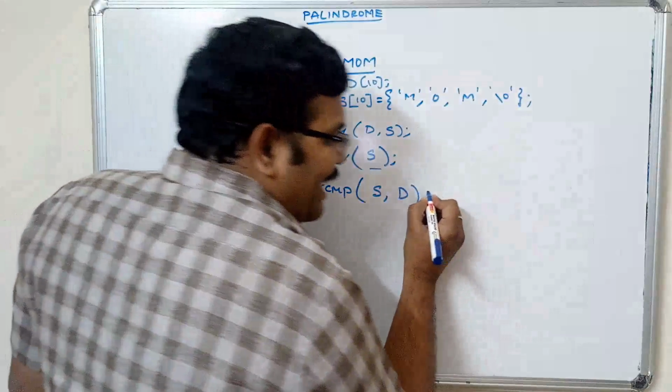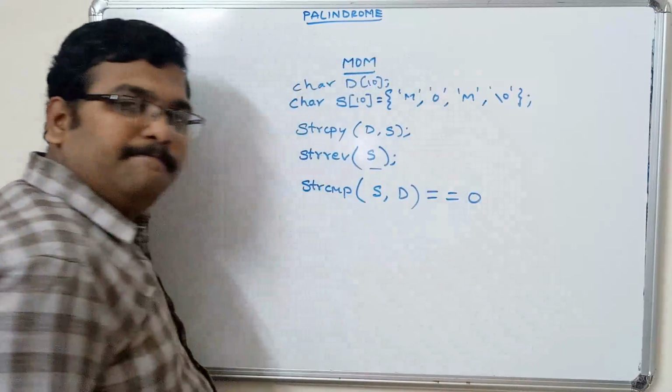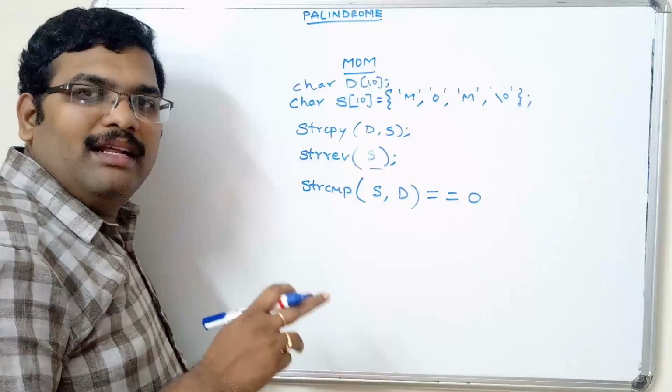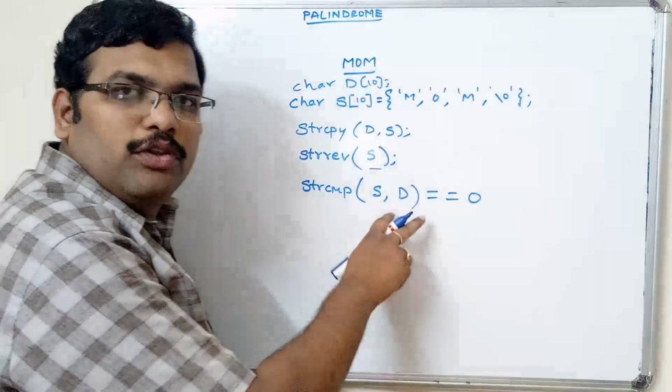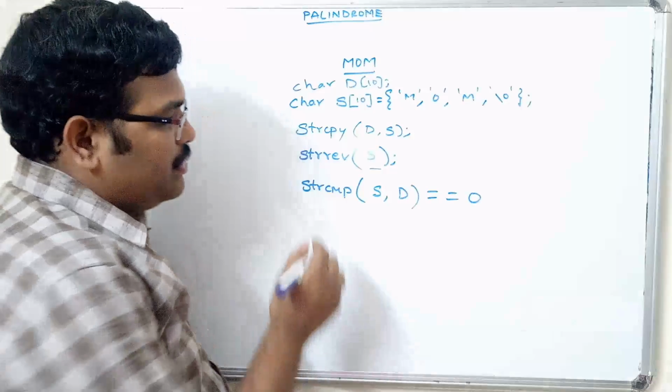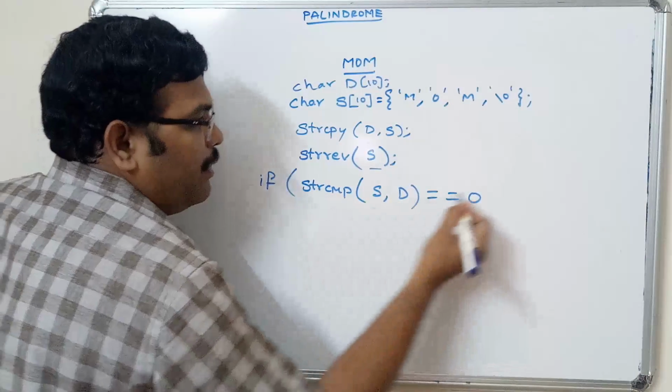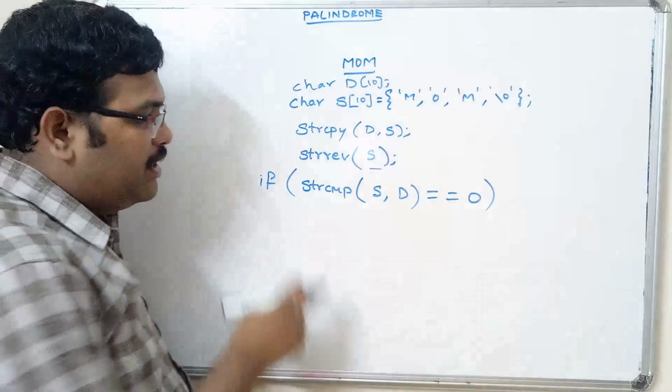If it returns 0, that implies the content is the same in both the strings S and D.